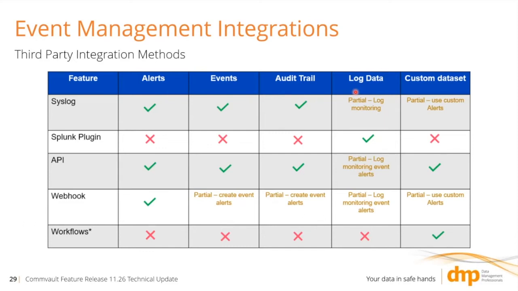The Splunk plugin you can use for log data. The webhook can be used to send alerts for now. That will be expanded. Workflows can be used for custom data sets. So when a certain alert is happening, you can use a workflow to perform certain actions. So there are different methods and different features available to create what you actually need.